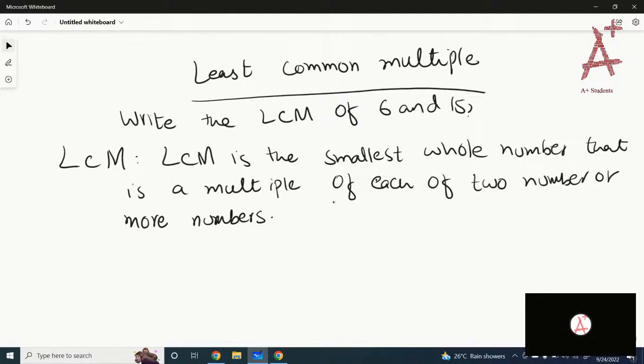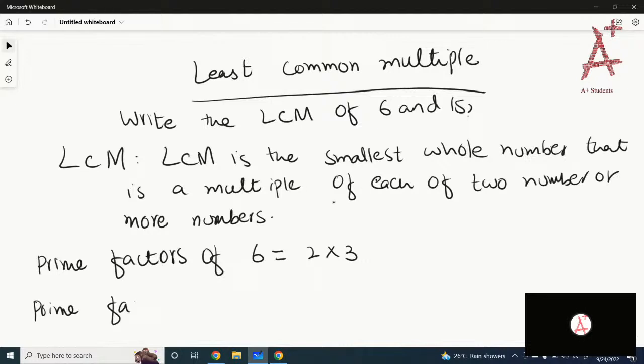So the prime factors of 6 are 2 times 3, and the prime factors of 15 are 3 times 5. That's what you did with the GCF. So again, you have to write the prime factors of every number.